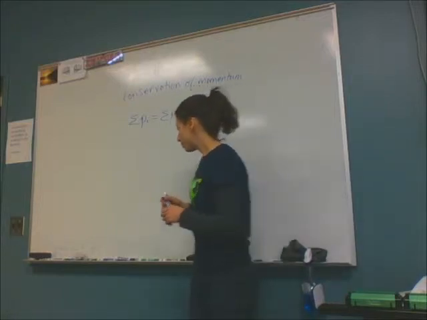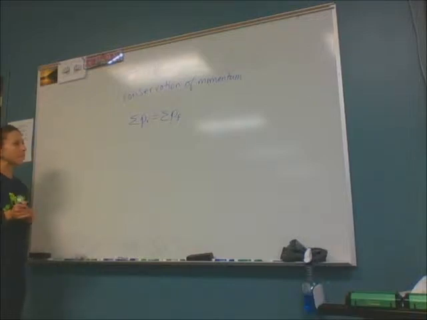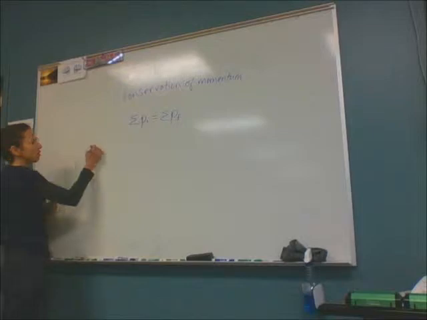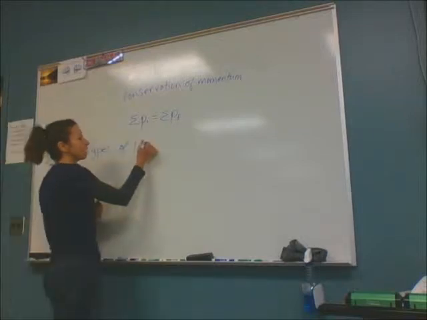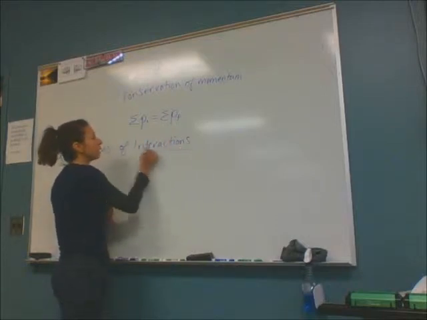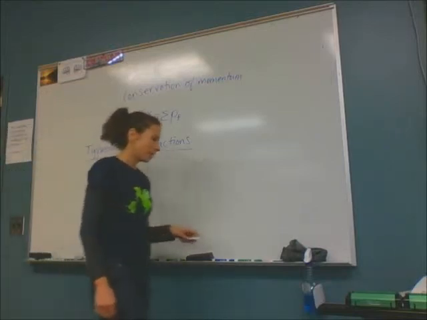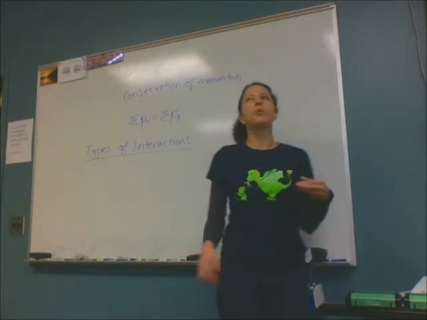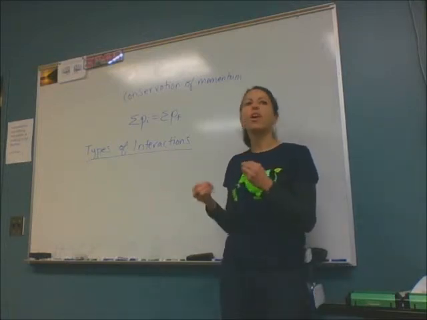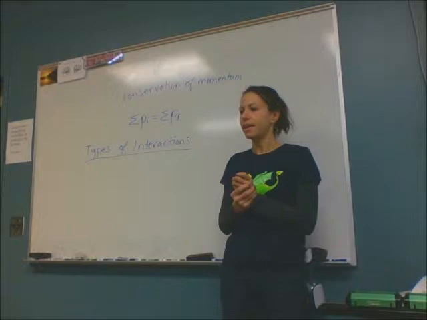When we talk about interaction, we have different types of interactions between objects. We label them, and we label them for various reasons, but mostly just so you can get a sense for what is happening in different scenarios. Today, the first one is when you have two objects that are interacting and that explode, okay?